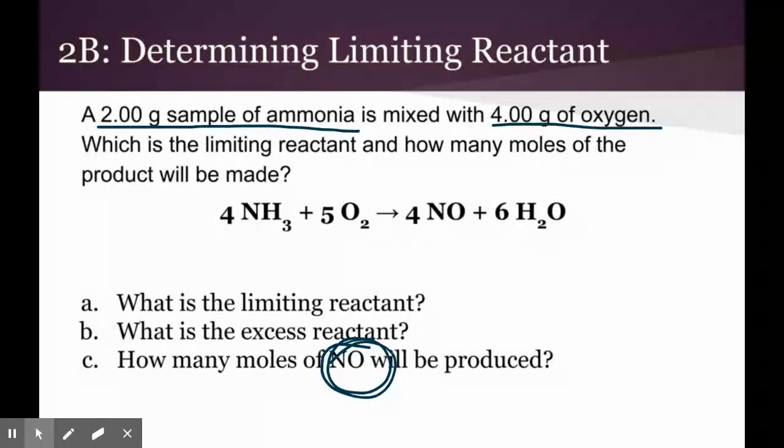So if the problem is just asking you to figure out which is the limiting reactant, you can use either NO or H2O. But since question C asks for how many moles of NO specifically, we want to have our product that we go to be NO.